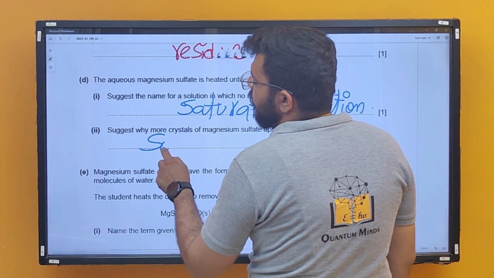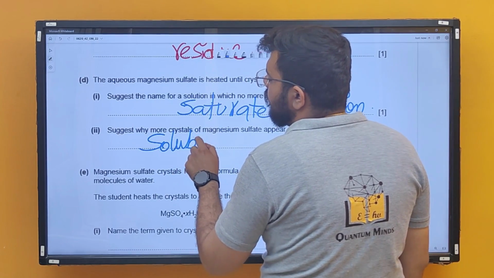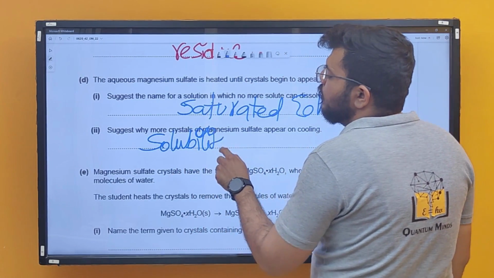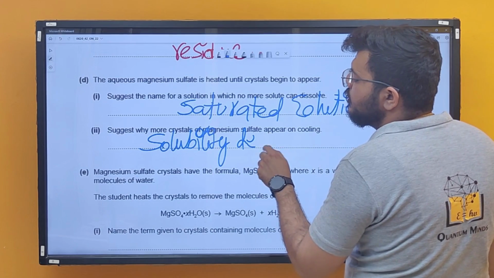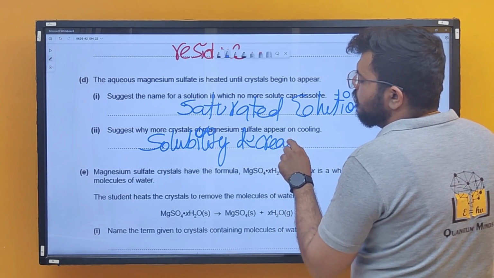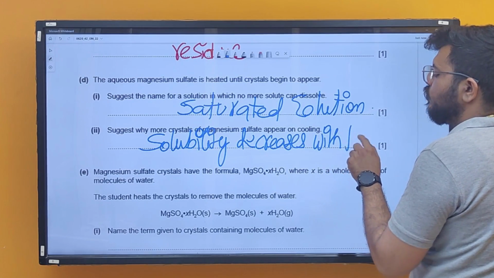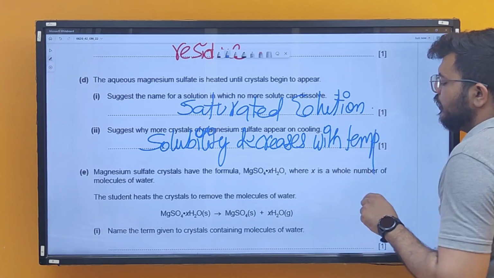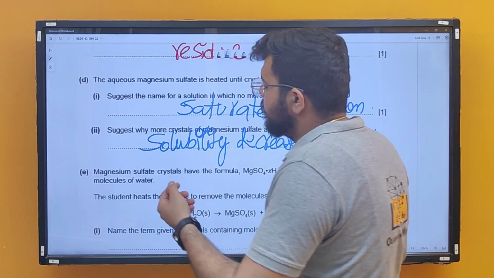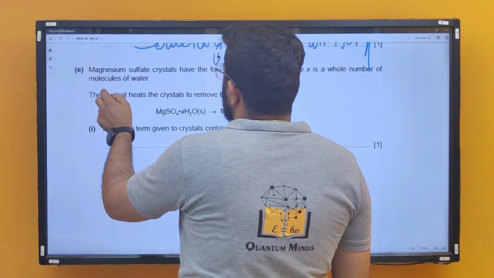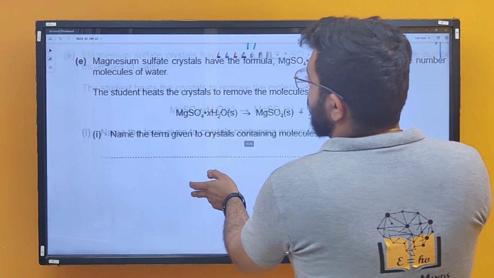So solubility decreases with temperature. So if solid can't stay dissolved, it will start forming crystals. Then we have next.